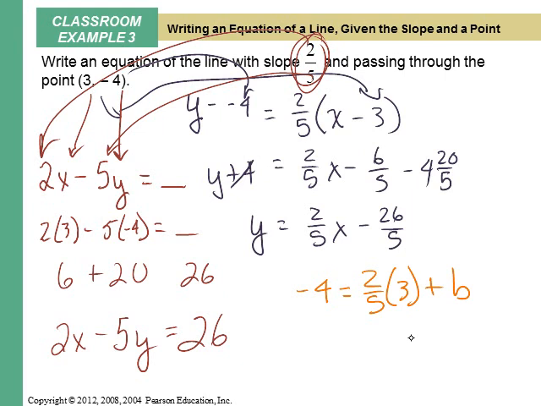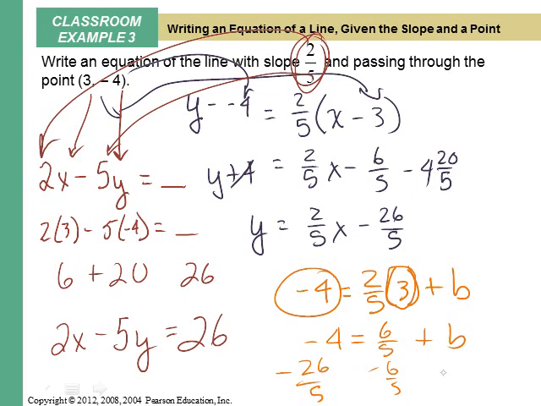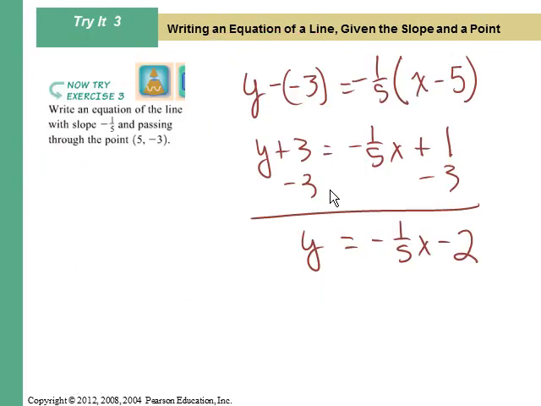That just gives us what b is. So I substituted in. Instead of writing y, I wrote negative 4. Instead of writing x, I wrote 3. So negative 4 equals 6/5 plus b. Subtract 6/5 from each side. So you get negative 26/5 is b, and that's where you get y equals 2/5 x minus 26/5.